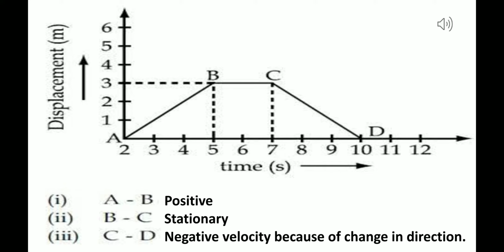So in this case, the body is moving with negative uniform velocity and that is why the slope is coming down. So from C to D is the case when the body is moving with negative uniform velocity as shown in the graph. So we move further.